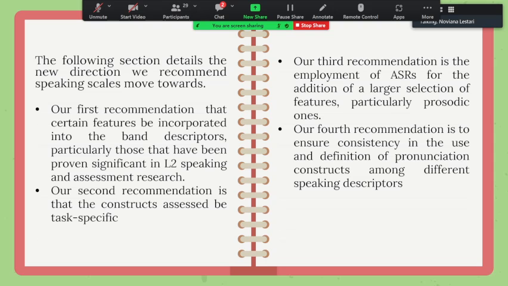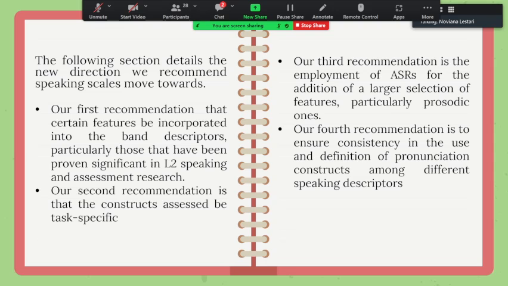The following section details the new direction we recommend speaking skills move toward. Our first recommendation is that certain features be incorporated into the band descriptors, particularly those that have been proven significant in second language speaking and assessment research. Our second recommendation is that the construct assessed be task specific.